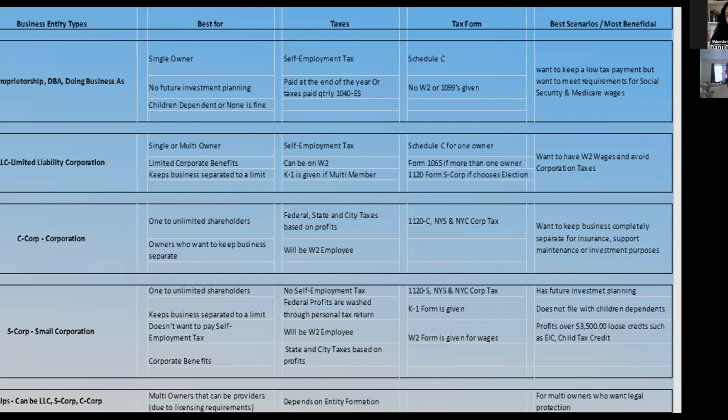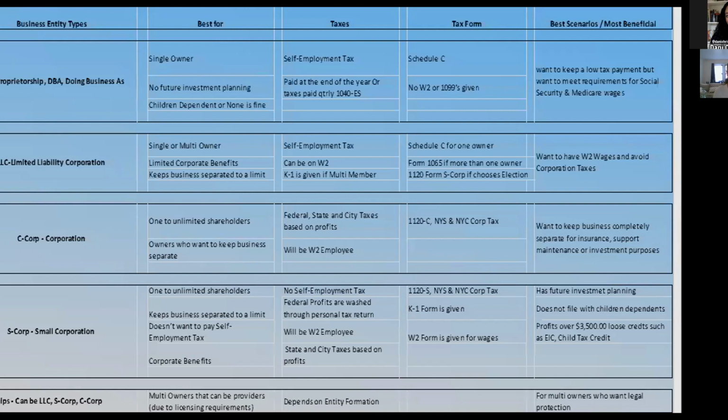Now, prior years, a lot of people would take advantage of this election so that they don't have to pay self-employment tax, and the income will just wash through. Unfortunately, IRS caught up to us, and now we are required to have someone on payroll automatically for an S Corp, especially the owner.